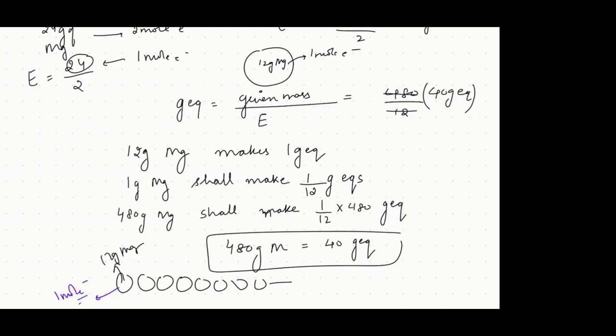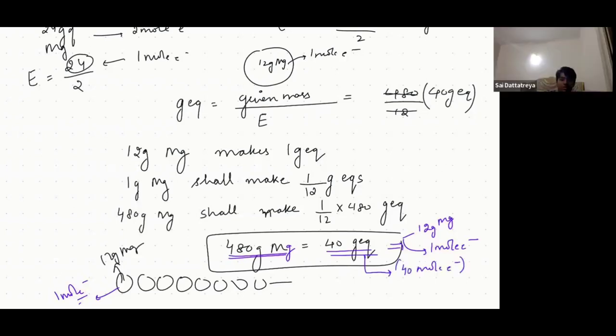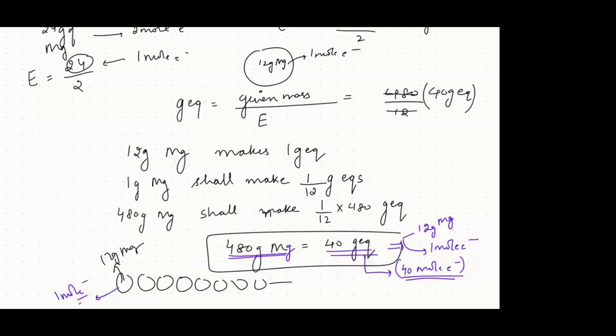So can I say that 40 gram equivalents shall release 40 moles of electrons? Yes. And I can also say that 480 grams of magnesium shall release 40 moles of electrons.